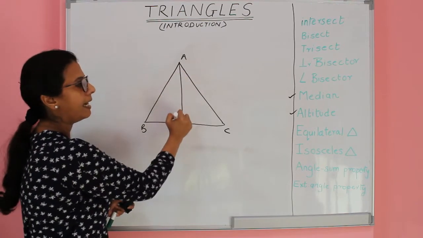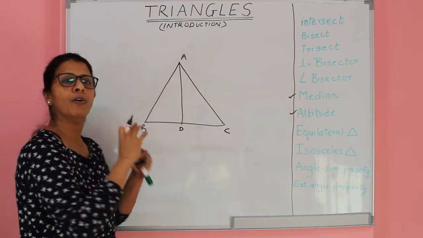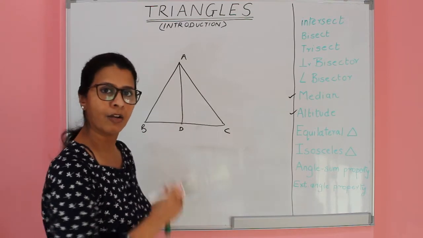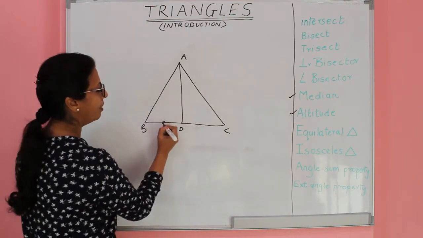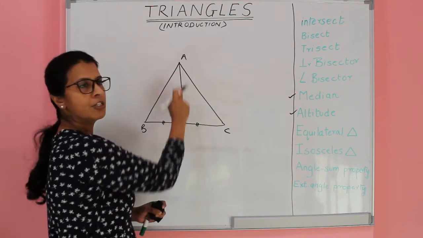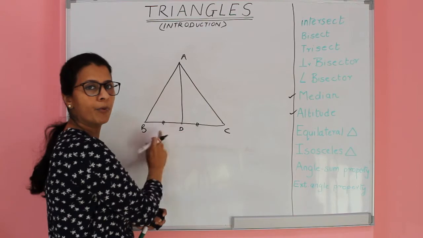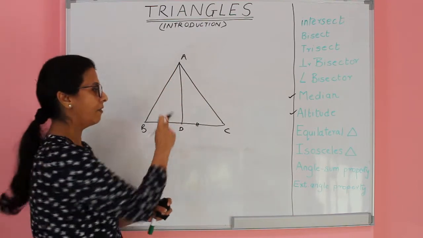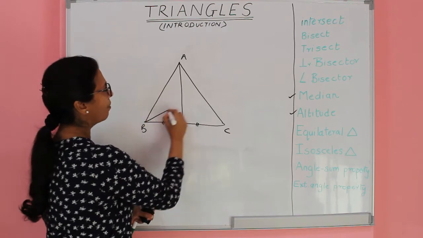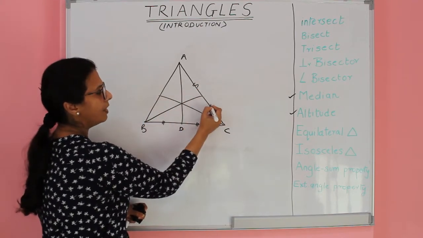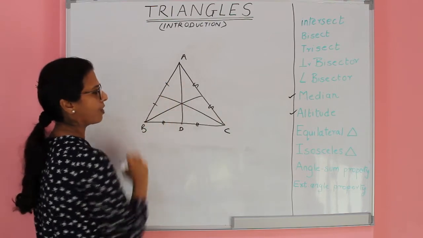So when I am saying AD is the median of the triangle, the moment you are reading such a thing in your problem, what you are going to do is mark these two equal. Why? Because median is the one which joins the vertex with the midpoint of the side opposite to it. So in a triangle there will be three medians. One is this way, I can draw one this way, I can draw one this way. So these two will be equal and I can say these two are also equal.